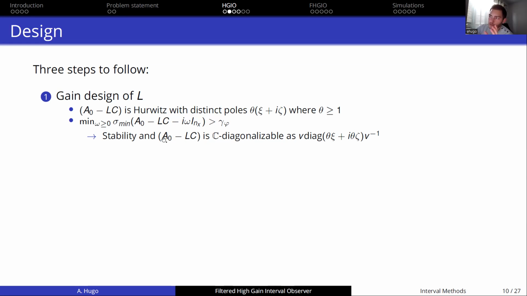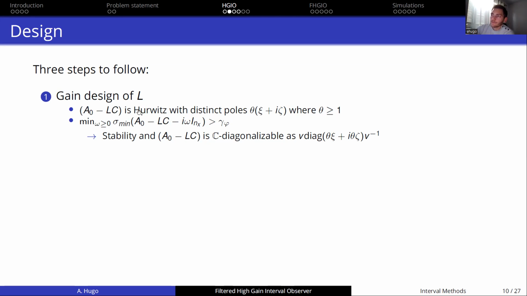We will also need to ensure that the second bullet is satisfied. It is because the considered system is not structured in our hypothesis, and so we need to satisfy this. The gamma phi here is, sorry, the Lipschitz constant of the non-linearity phi that removes the non-linear terms.